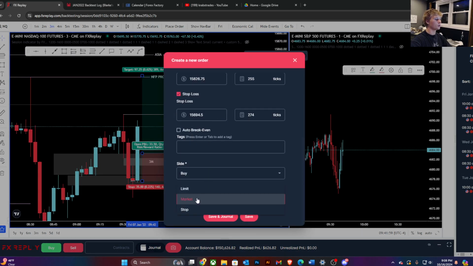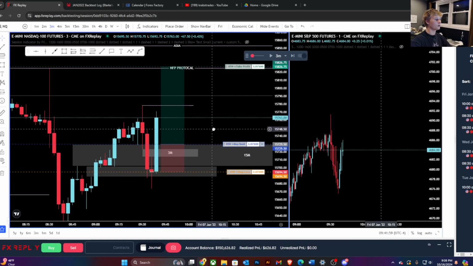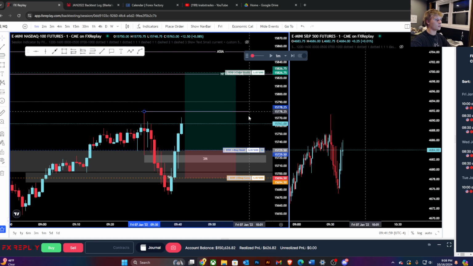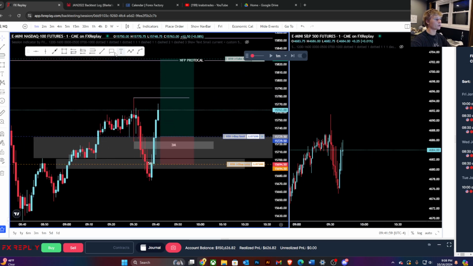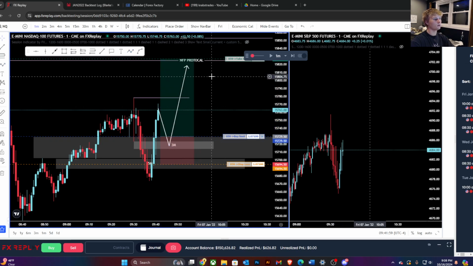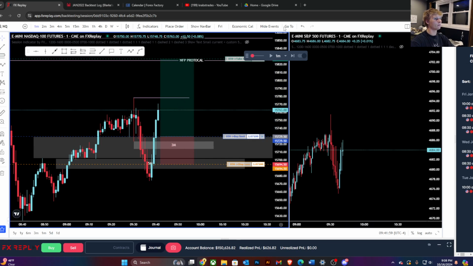So we'll try this with a limit order. If we don't take out this high here, this internal, and we just trade lower right now, tap us in, retest the 3 minute, and then continue higher. That's what I want to see, but we'll see.